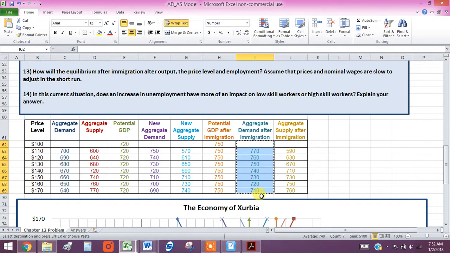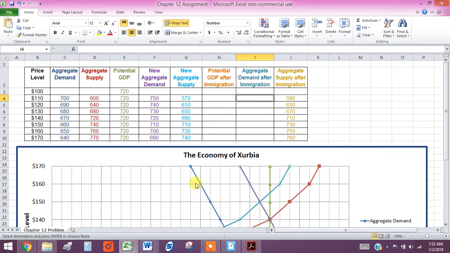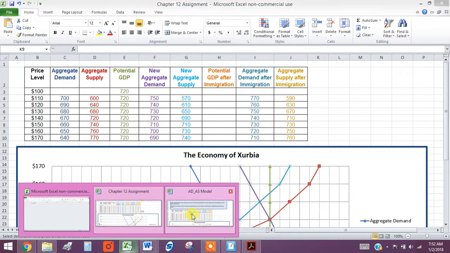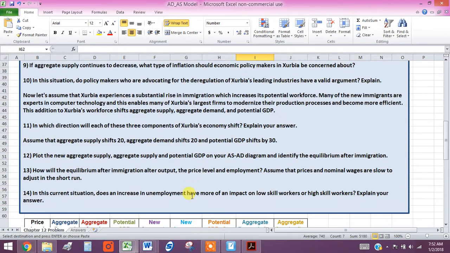I'm going to Control C that, and you'll have to type those in, 20 higher at every level. Come back over here and put those in right there. Now we need our new potential GDP, which I believe I said shifted 30. Yes, 30. So it's going to shift by 30.